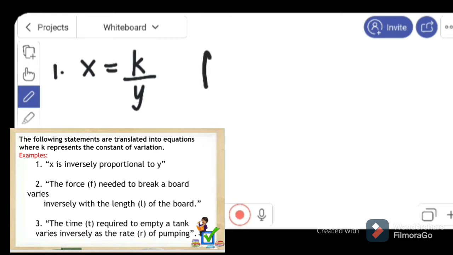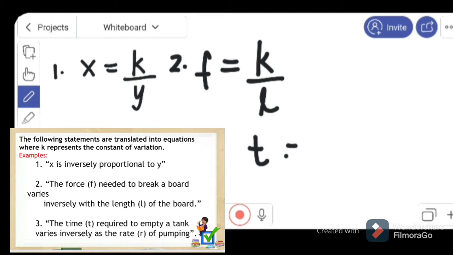So we have F varies inversely with the length. That's our number 2. And for number 3, the time required to empty a tank varies inversely with the rate. Okay? That's how we translate equations from mathematical statements.